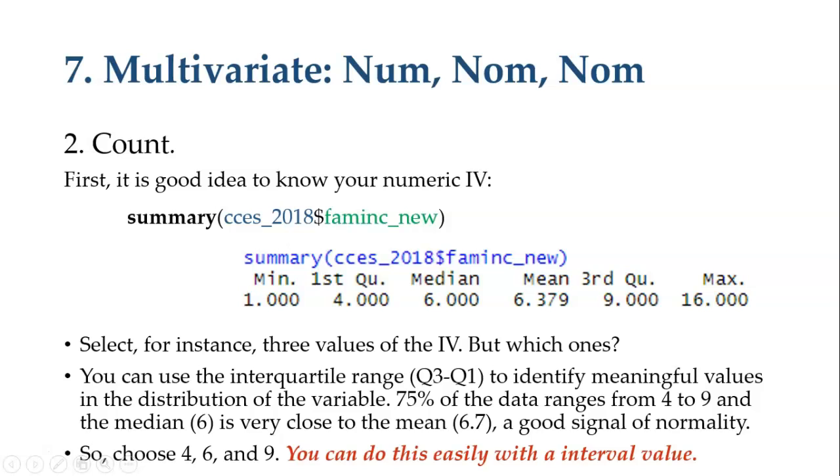You can also use the standard deviation. For instance, if you're working with a ratio level variable, you can use the mean and maybe 2 standard deviations higher and 2 standard deviations lower. Something like that can be useful for you. So in this case, you're just going to use 4, 6, and 9.